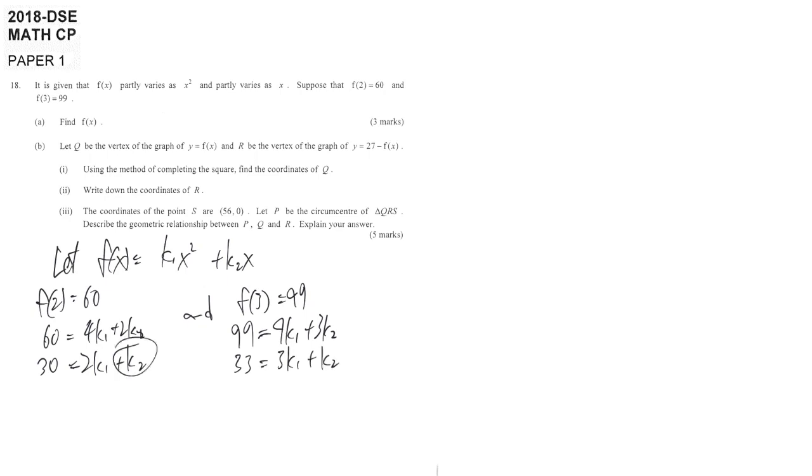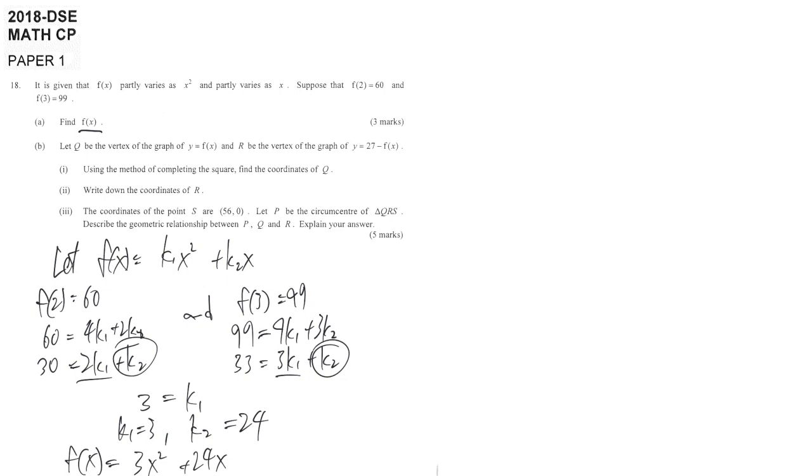So we find k1 and k2, we just use the larger one minus the smaller one, so we got 3 is equal to k1. After that, k1 is equal to 3, k2 substitute inside, we got 24. We finish part A. Don't forget to answer the question they ask about f(x), so f(x) is 3x squared plus 24x. This is part A.